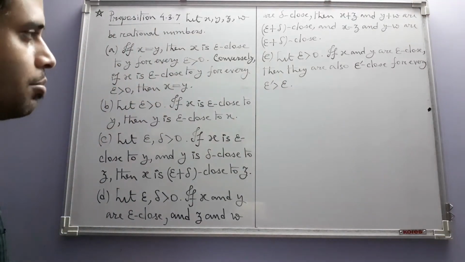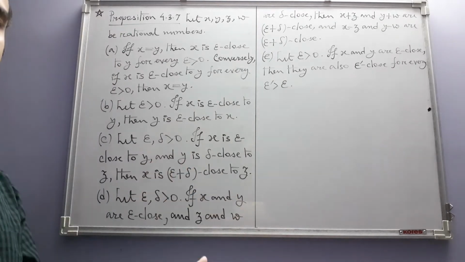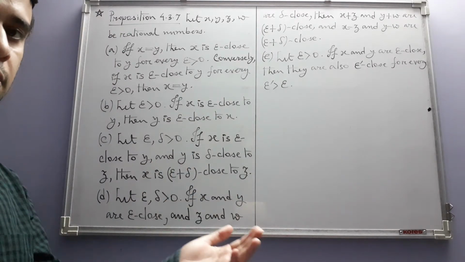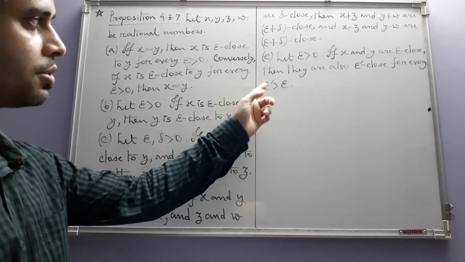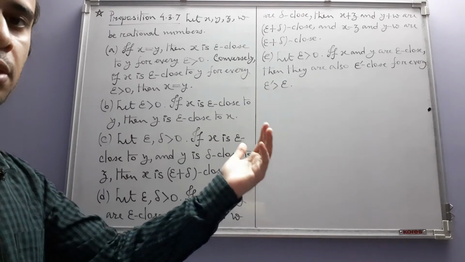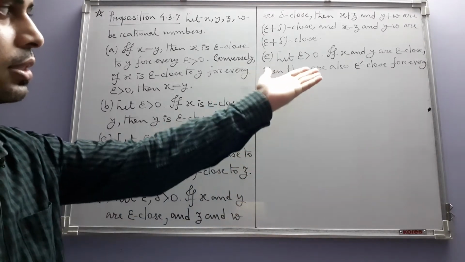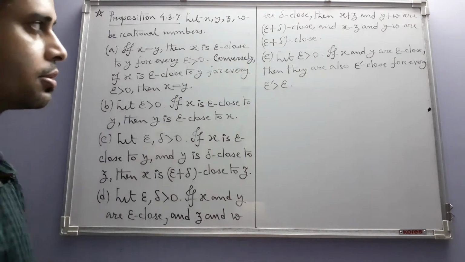This is almost obvious. x and y being epsilon close means what? That the distance between them is less than or equal to epsilon. So because epsilon prime is greater than epsilon, from transitivity of order relation, the distance will be less than or equal to epsilon prime also. So they will be epsilon prime close.